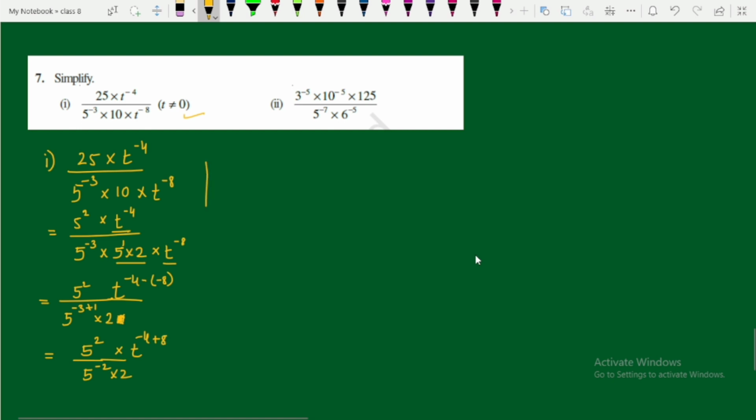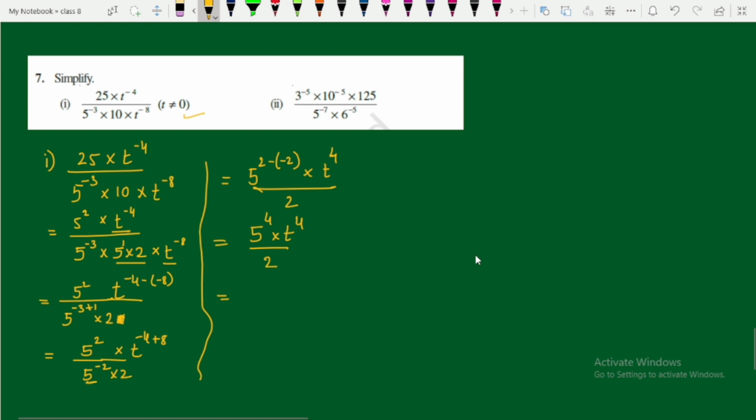Next we continue: 5 raised to 2 minus of minus 2, and t raised to minus 4 plus 8, it is 4. 5 raised to minus 2 we already took in the a raised to m minus n, and remains only 2. So it is 5 raised to 2 plus 2, that is 4, so it is t raised to 4 upon 2.